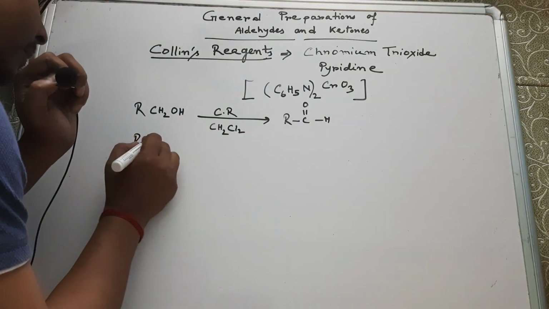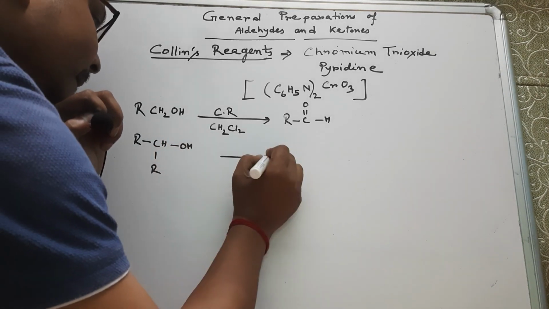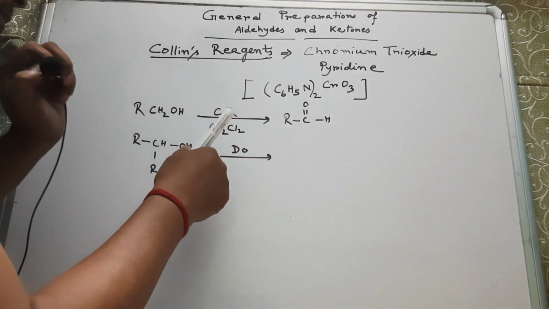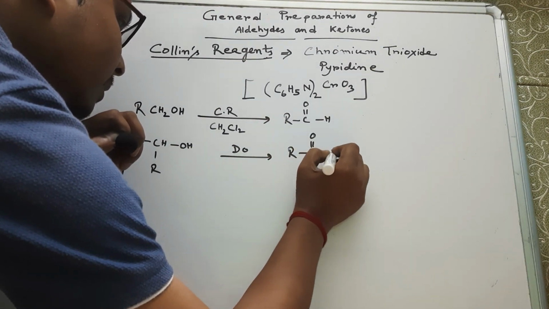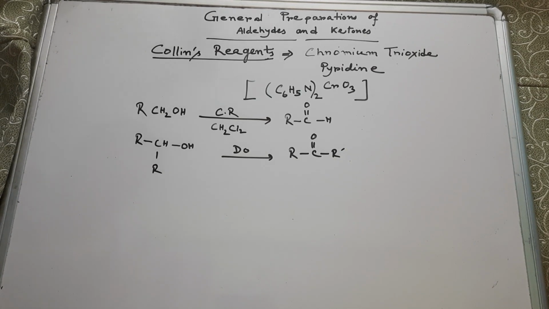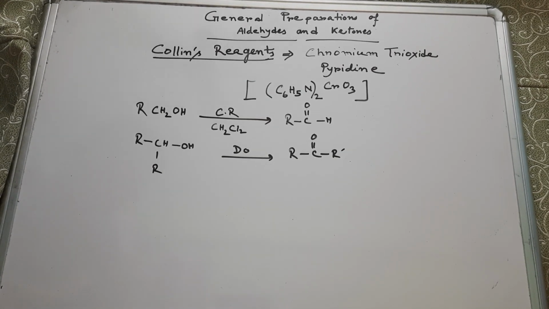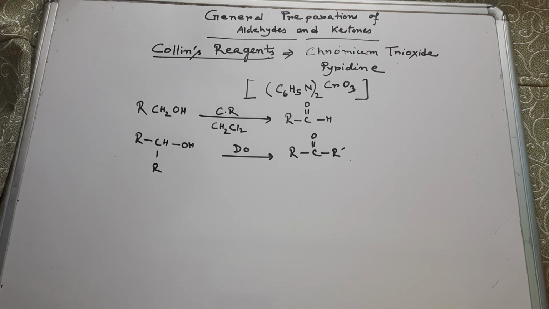And if you start from secondary alcohol, by Collins reagent, you will get ketones. So this is the Collins reagent.